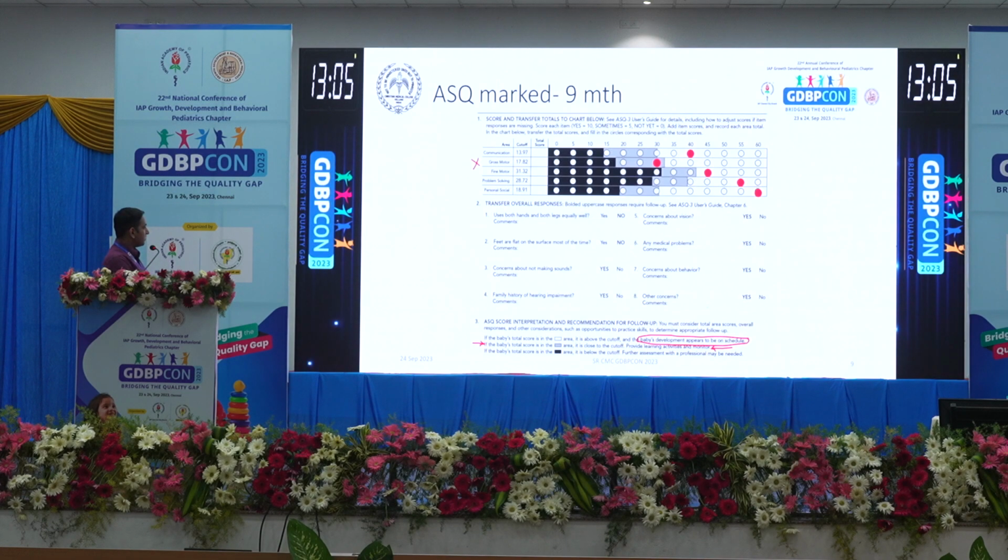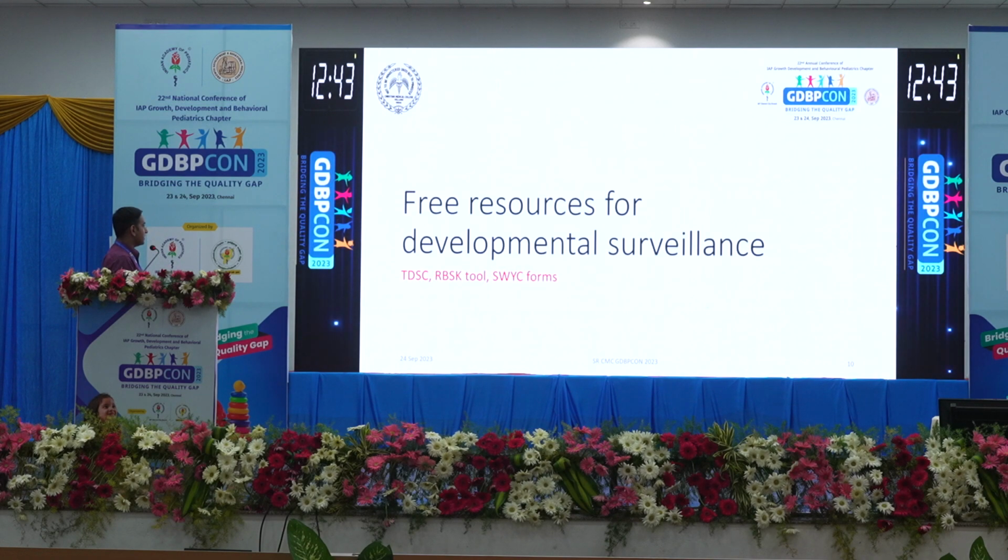Based on the domain where the child has concern, you can choose some activities from this checklist and provide them to the parents so that they can go back and start working on these things when they go home. So you are providing a solution to them before you send them. You are not only identifying a delay, you are also providing a solution for the identified delay.